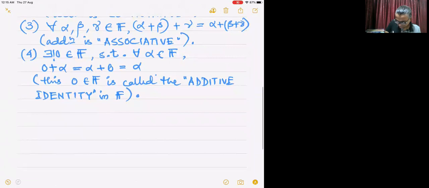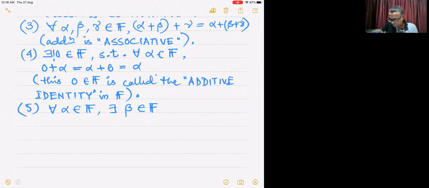Okay. Number 5, for all alpha in F, there exists a beta in F, although this also is unique, but we don't need this here. You can prove uniqueness.